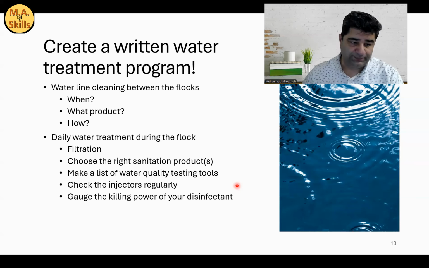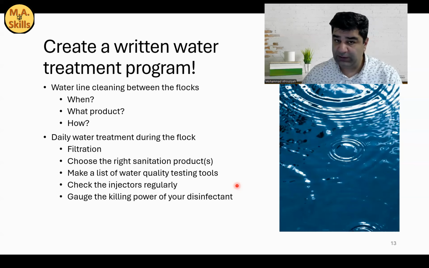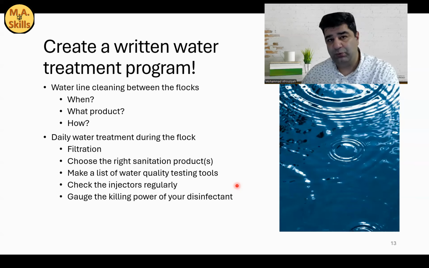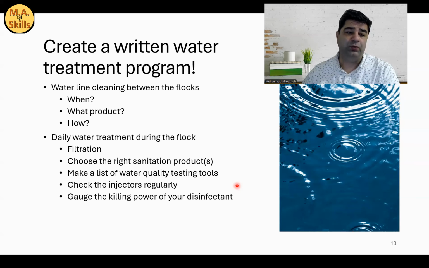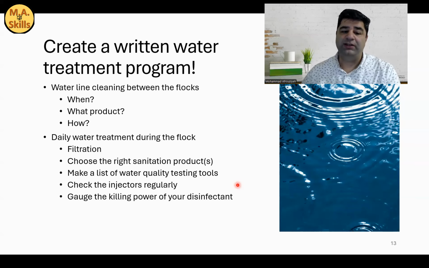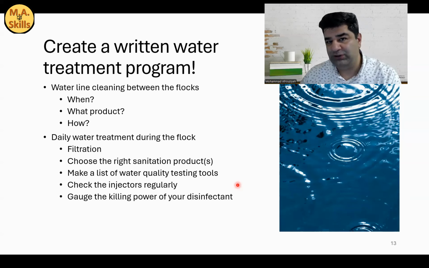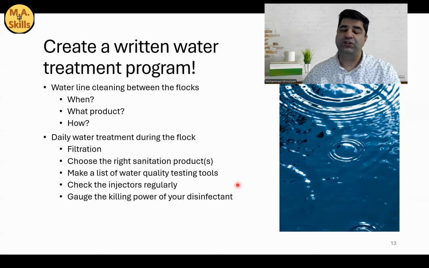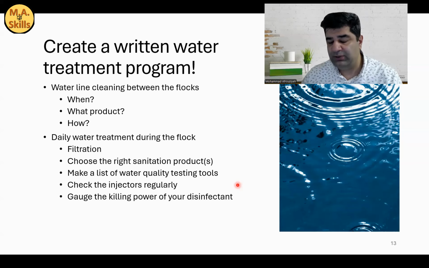of your water. You need to check the injectors regularly to see if they are really injecting the products into your water system to treat your water, and always measure the killing power of your disinfectant, which is the measuring of chemical residuals in the water line.